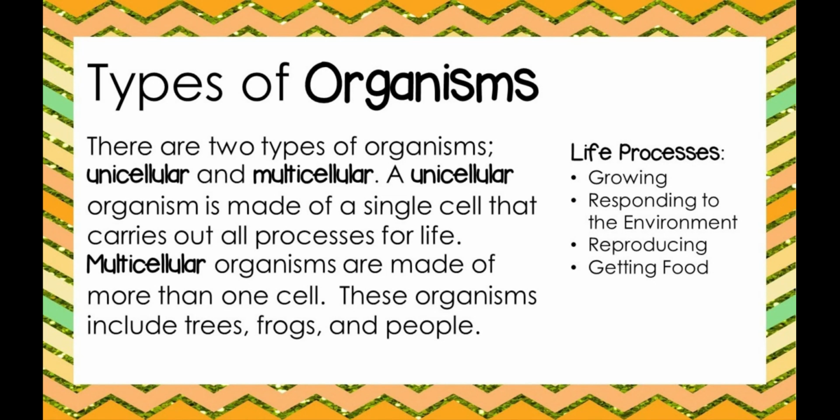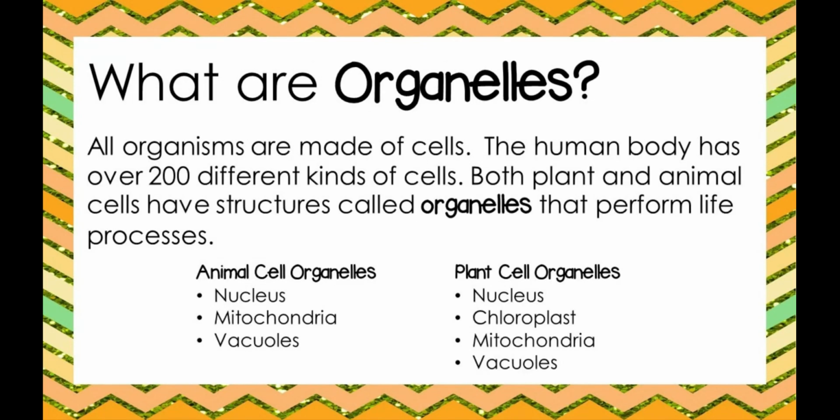And if you remember the life processes, it's growing, responding to its environment, reproducing, getting food, and getting rid of waste. So a unicellular organism does all of those things by itself. Multicellular organisms are made up of more than one. We are multicellular. We have multiple different types of cells that help carry out those life processes.